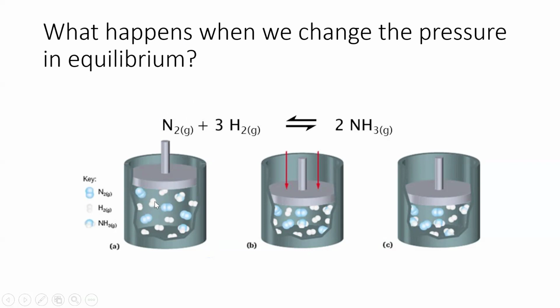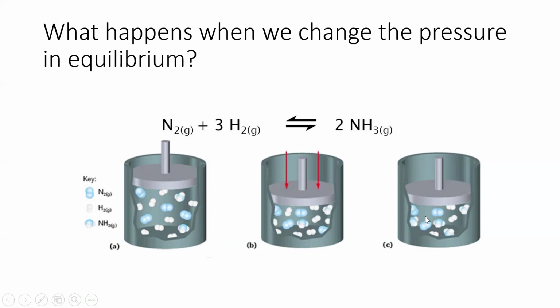Now look at this container. Can you see the spaces between the particles? At a state of equilibrium, we have all three. We have nitrogen, we have hydrogen, we have ammonia, as seen from the particles, and here is the key. When you decrease the volume and you increase the pressure, the spaces between the particles decrease, which means the pressure is increasing.